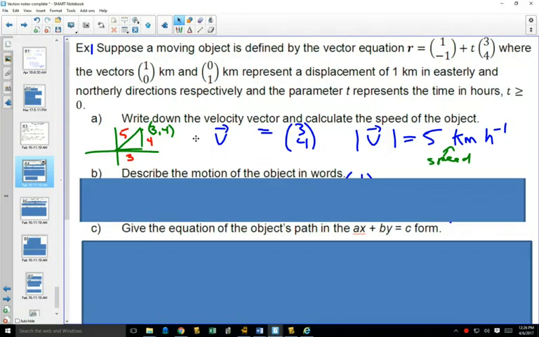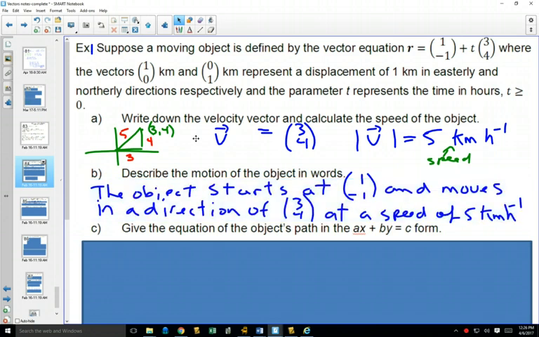You're going to travel 5 kilometers in 1 unit of time, and since time is in hours, you're traveling 5 kilometers per hour. So we can describe this in words. The object starts at 1, -1, moves in the direction of 3, 4, at a speed of 5 kilometers per hour.